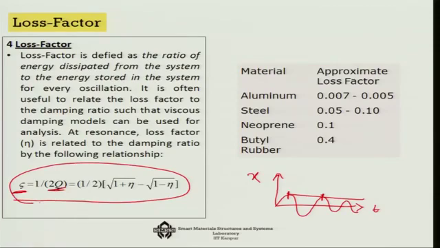Even though zeta and quality factor Q are not directly material properties, eta is a material property, because the more hysteresis there is in the material, for example, the more this kind of energy dissipation. For some materials, for example aluminum, you will see that the loss factor is much smaller in comparison to steel, which means steel dissipates more energy inside it.